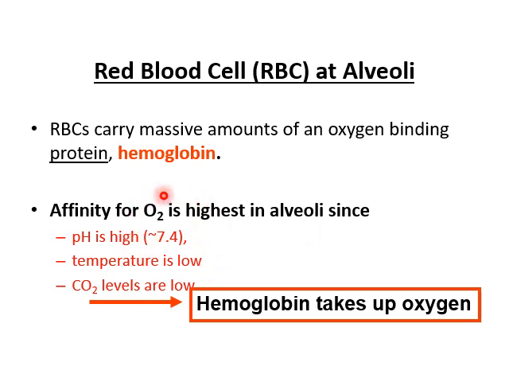The pH is relatively high in the small range that it does vary. Temperature is a little lower, but the CO2 levels are low, and that makes the oxygen very sticky to hemoglobin. So we've shifted the Henderson-Hasselbalch equation to the left, and we have less hydrogen ions, so things become very, very sticky.